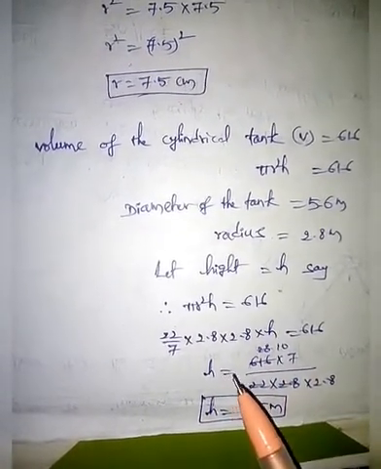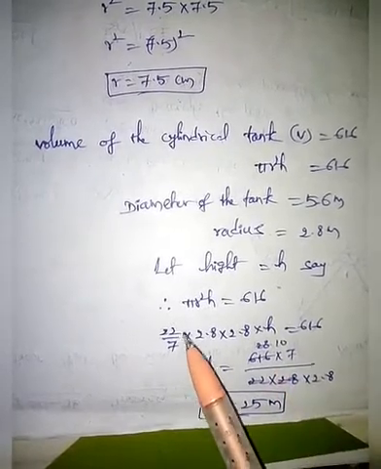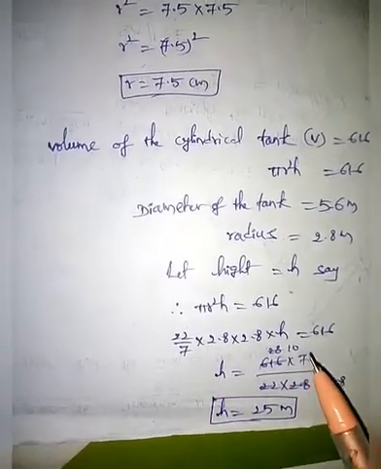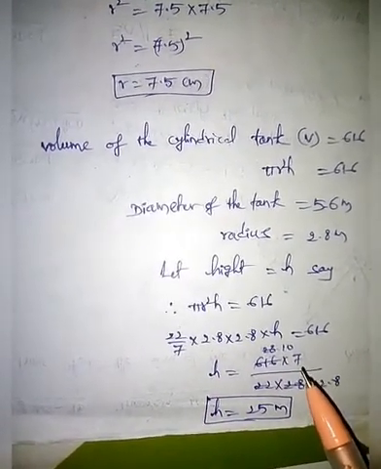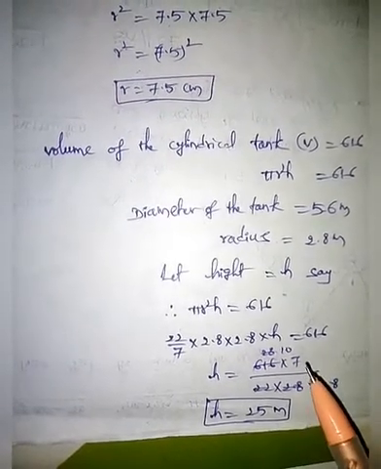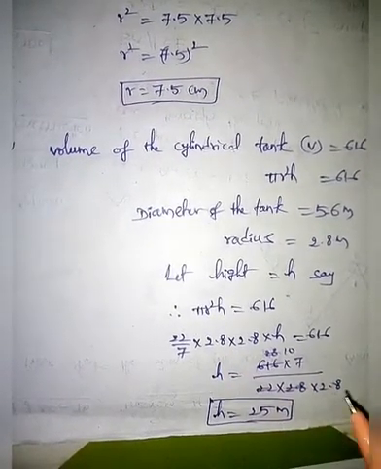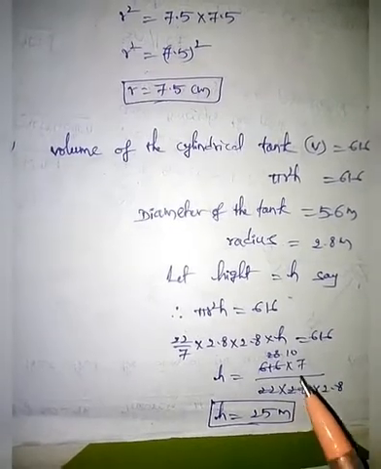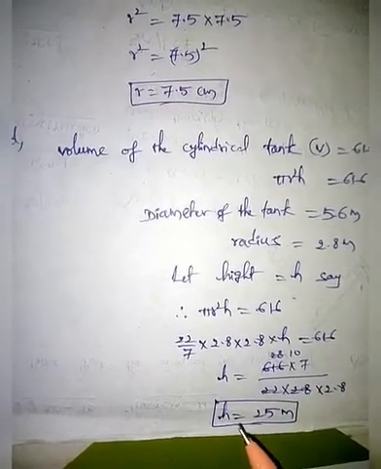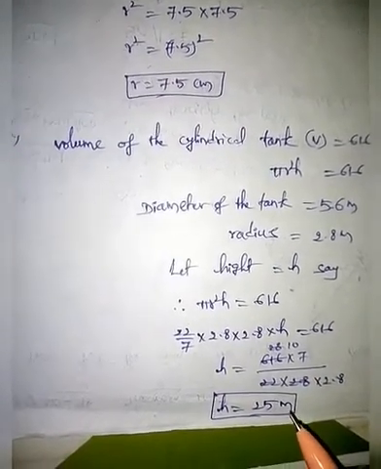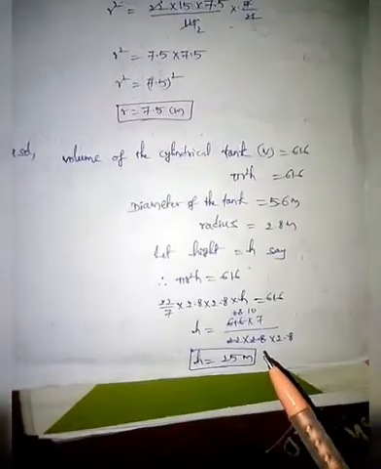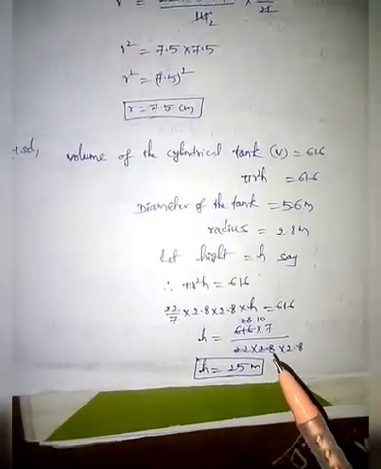If you simplify this, h equal to 616 into the transpose of 22 by 7, that's why 7 will be in the place of numerator, that is 7 by 22 into 2.8 into 2.8. If you simplify this, the answer will be h equal to 25 meters. Okay, so this is the solution for the fourth one.